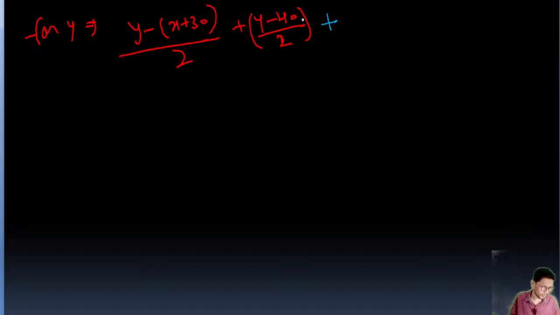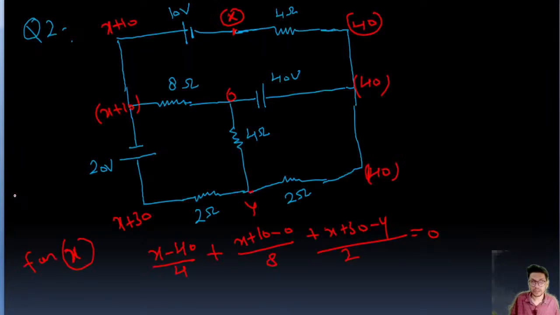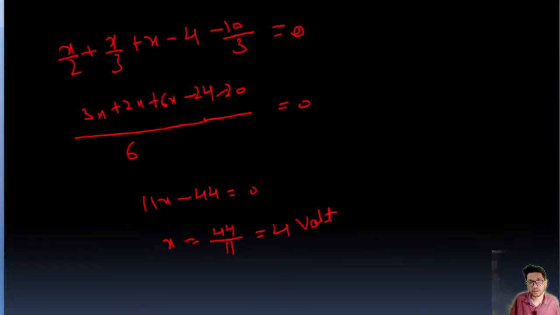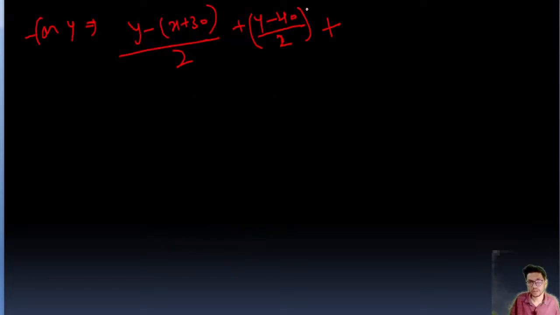Y minus 40 upon 2 ohm, and then plus, here you can check, there is this one, y minus 0 upon 4, plus 0 upon 4.